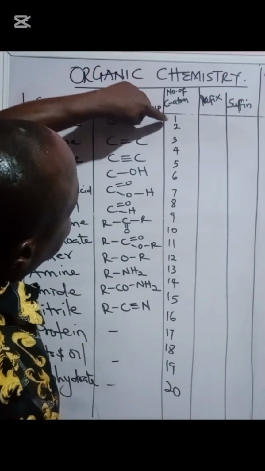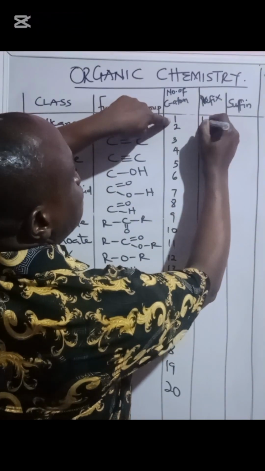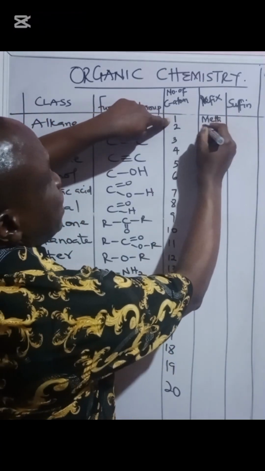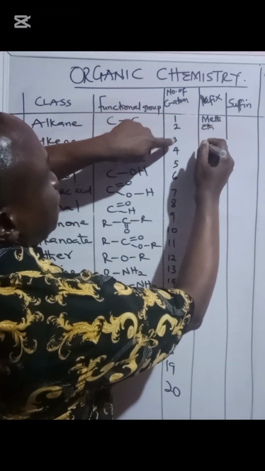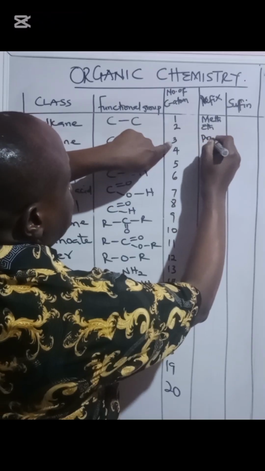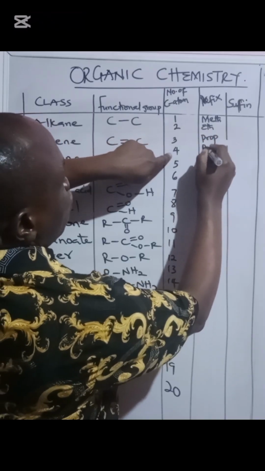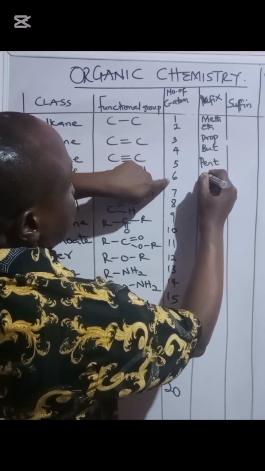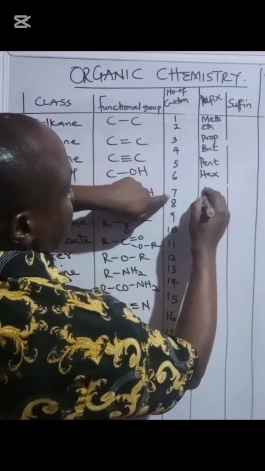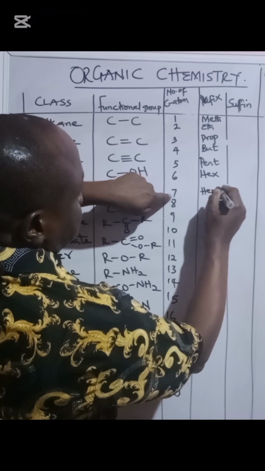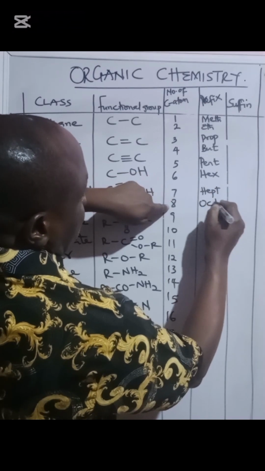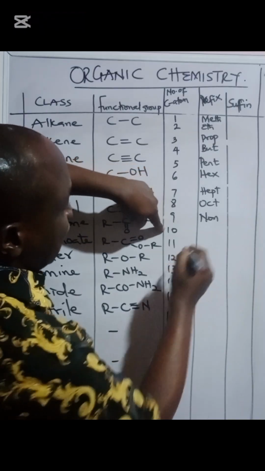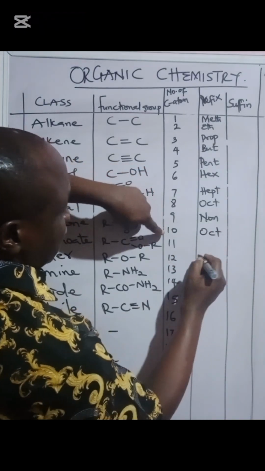If the number of carbon atoms starts with 1, throughout organic chemistry we call it meth. Meth means 1. 2 is eth. 3 is prop. 4 is but. 5 is pent. 6 is hex. 7 is hept. 8 is oct. 9 is non. 10 is dec.